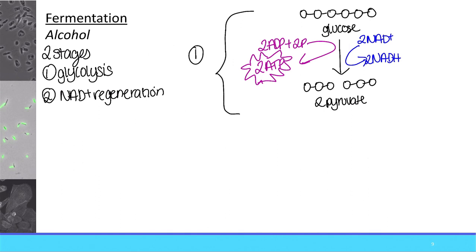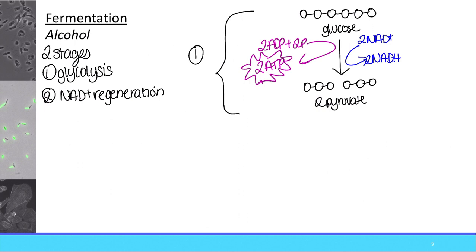So this is all stage 1. Now at this point in aerobic respiration or anaerobic respiration, we would take that pyruvate, convert it to acetyl-CoA, go through the citric acid cycle, and then go through the electron transport chain and chemiosmosis. But in fermentation, none of that happens. Stage 2 is pretty short.